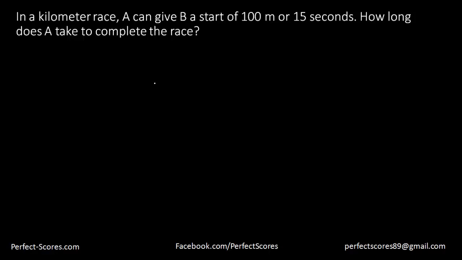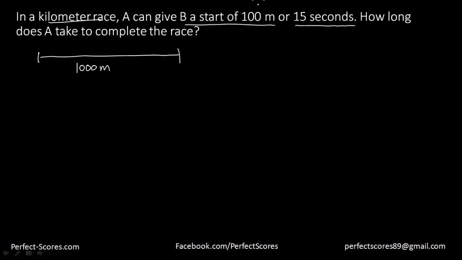So the question says that in a kilometer race, so the race is actually of 1,000 meters, A can give B a start of 100 meters or 15 seconds, right? So A can actually maximum allow a start of 100 meters or 15 seconds. So let's suppose A is actually allowing a start of 100 meters.